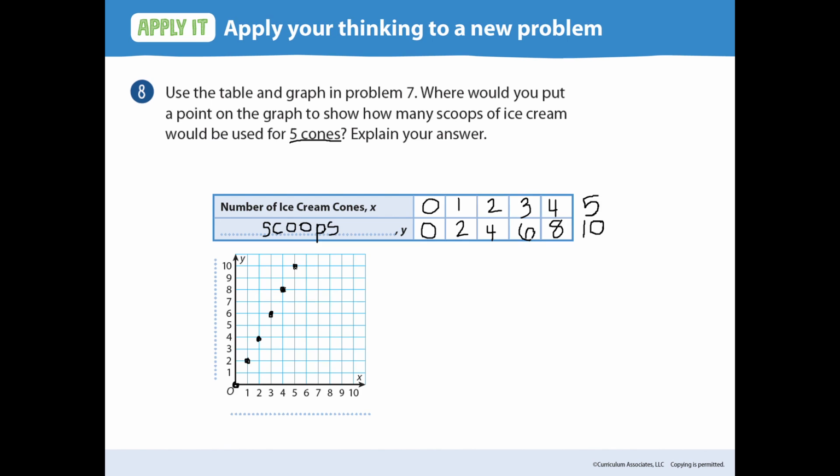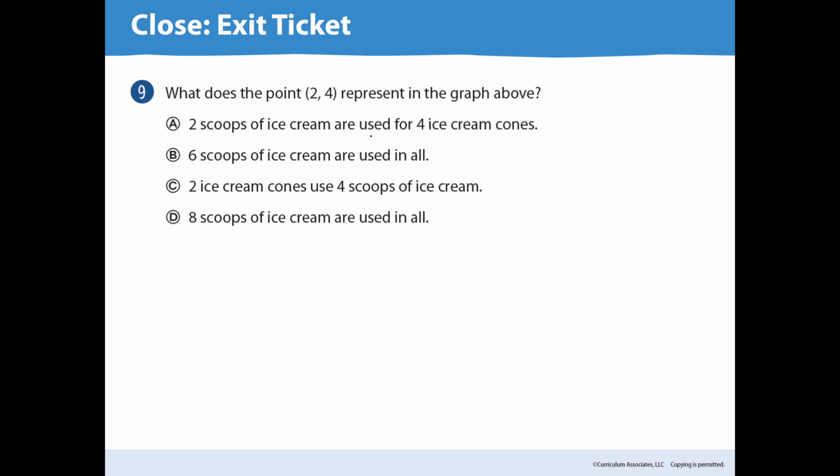So the first number, we can see the X represents the number of ice cream cones, and the Y represents the number of scoops. So if we have 2, that's the number of cones. I'll put C there so I can remember. And 4 represents the number of scoops. I'll just call that S for scoops. So that's 2 cones using 4 scoops.